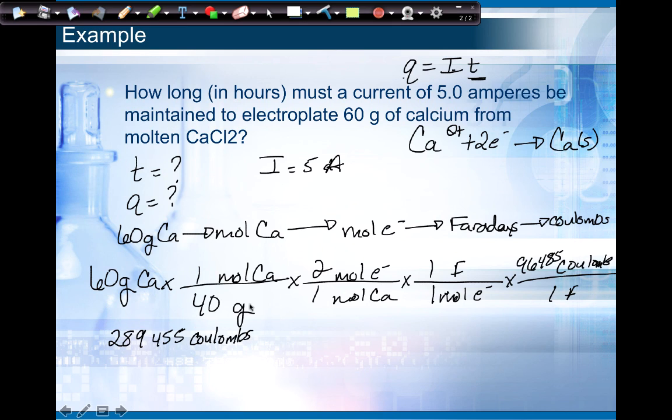So now that I've got my coulombs, I have Q. Now I have Q and I, so I can figure out what T is using this equation. So now I can just plug it in. I get 289,455 is equal to 5 times T. Divide out the 5, and I get my time in seconds, though.